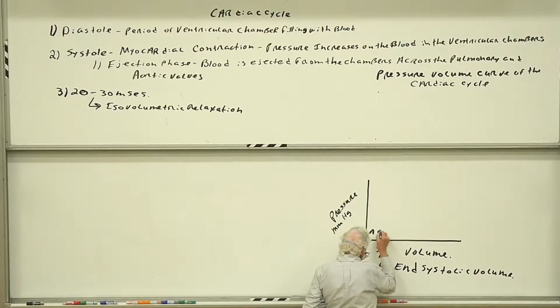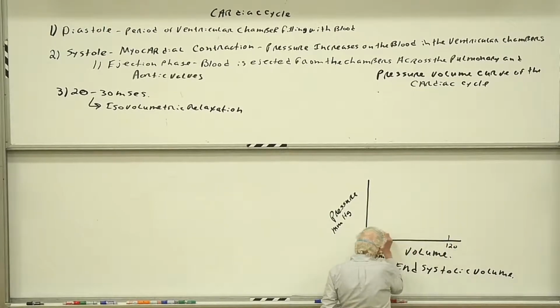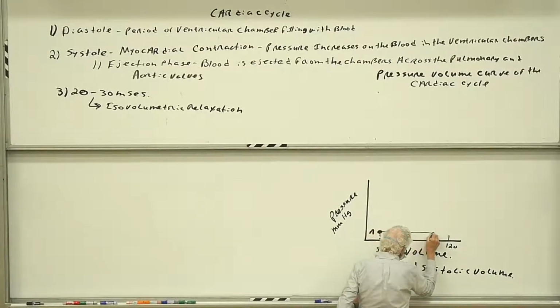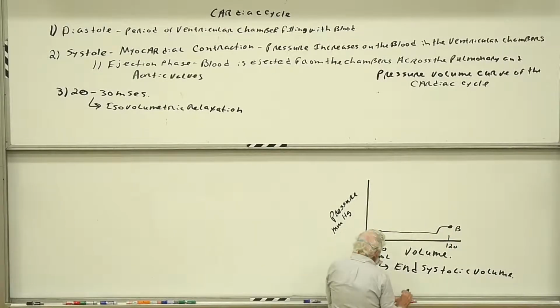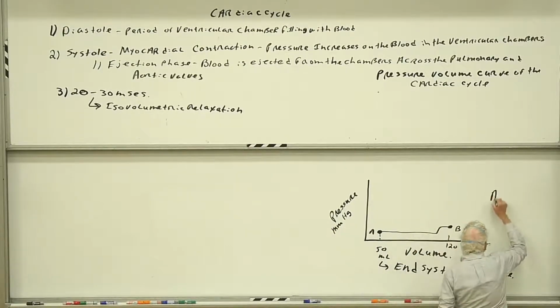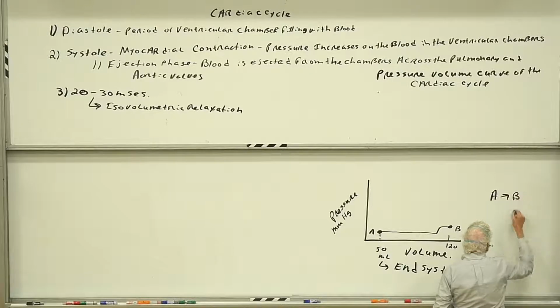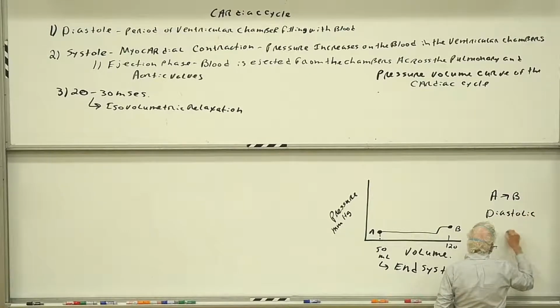Then we have this period here that goes from 50 to about 120. And if we follow this, it's a straight line for quite some time. And at the last minute, it goes up a little bit, and we arrive here at point B. What we're looking at between point A and B is diastolic filling.